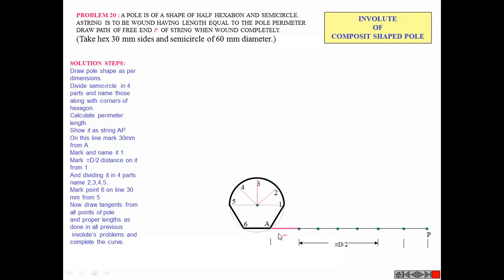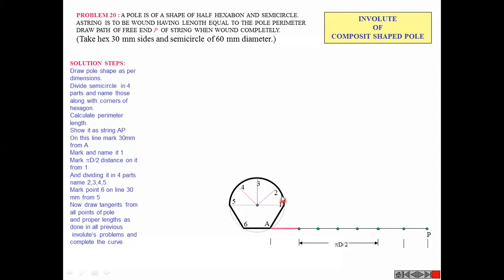Ultimately, you need to draw one line equal to the perimeter. What will be the perimeter of this composite shape? It will be the length of this arc 1 5, plus this 5 6, plus this 6A, plus this A1. This will be the length of this line. First of all, we are starting from A. We should start from an extreme point. So this A1 is this pink line.